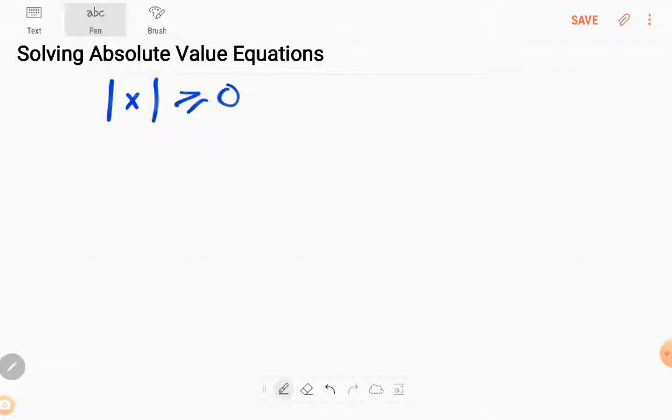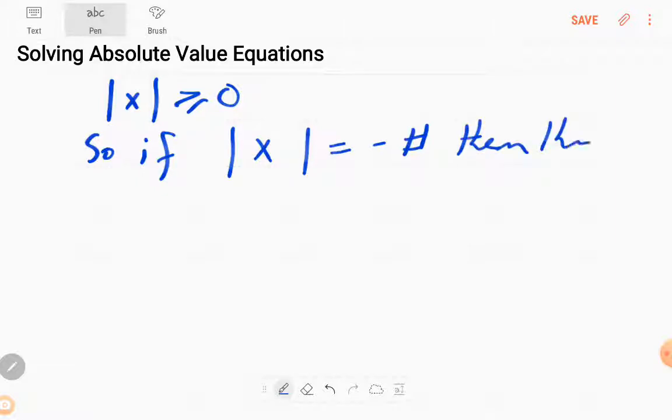So if we have absolute value of x equal to some negative number, then this is false, and there's no solution.